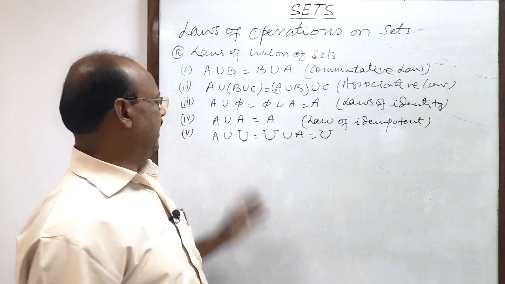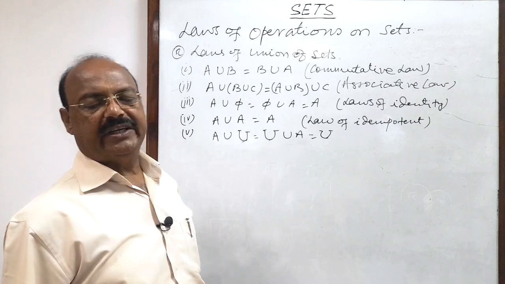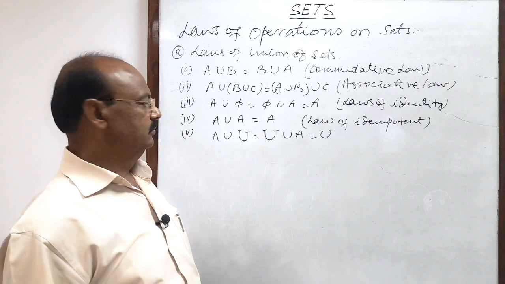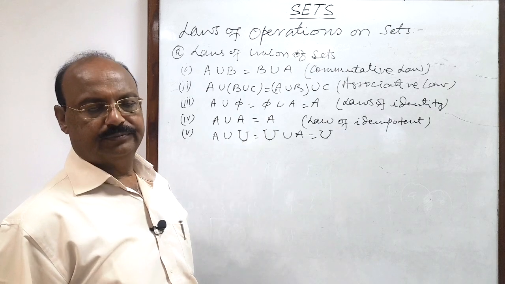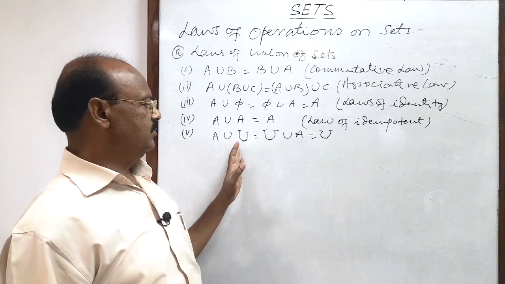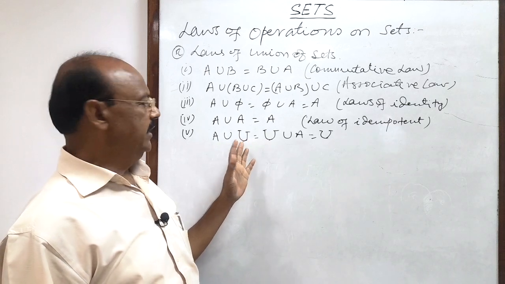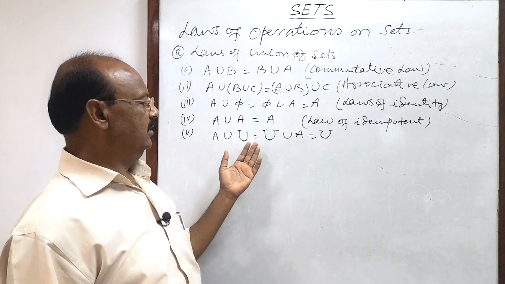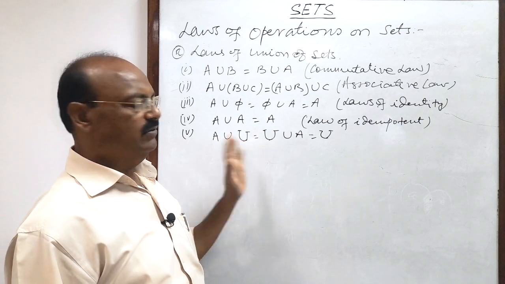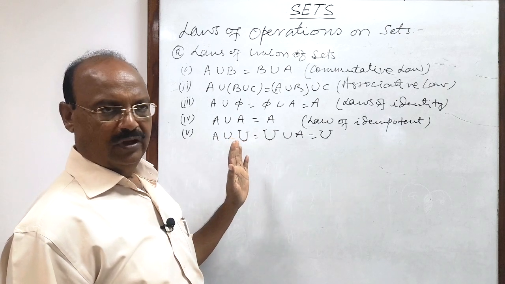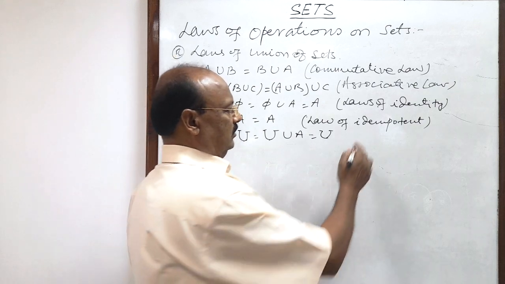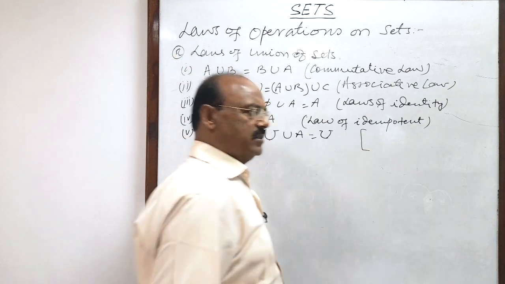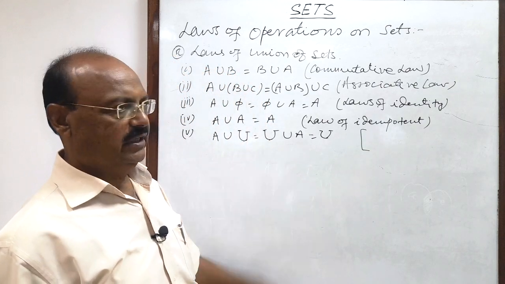Because we know that set A is a subset of universal set, no other element is coming other than elements of the universal set.